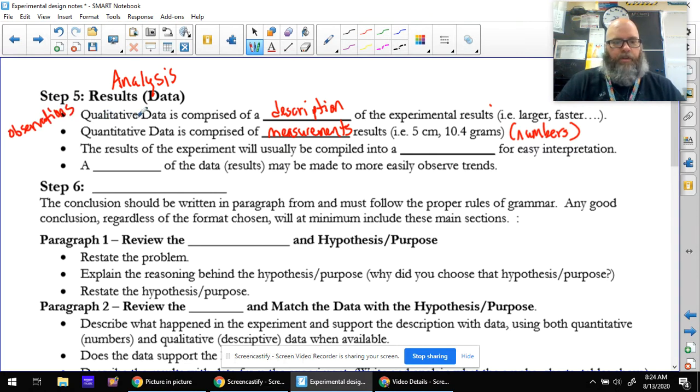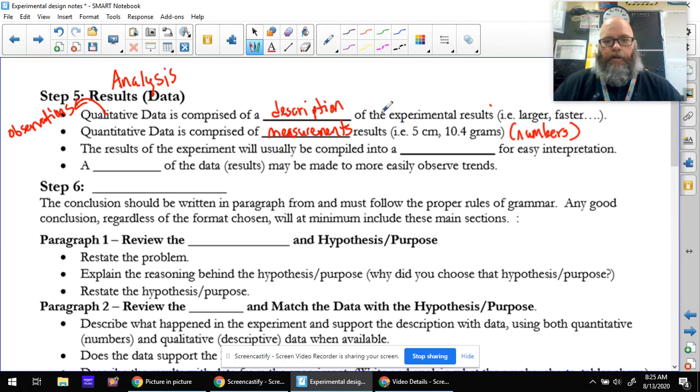Okay, so this qualitative data are observations, and we want to make sure that with our observations we're also providing information about what's going to happen. In a chemistry lab, if you mix two things together and you get some kind of blue powder start floating around in the liquid, that's not something that you're measuring, but it's important to know what happens when you mix those two things together, right?